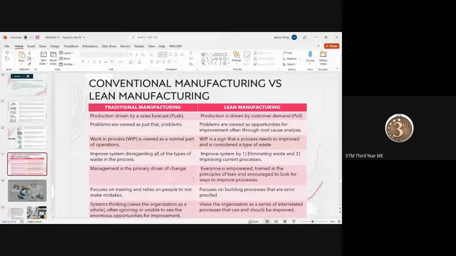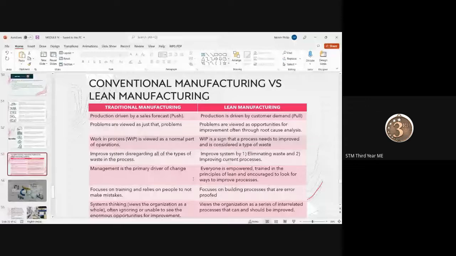While in lean manufacturing, it views the organization as a series of interrelated processes that can and should be improved. It is not on the basis of the management view, but various people are involved.